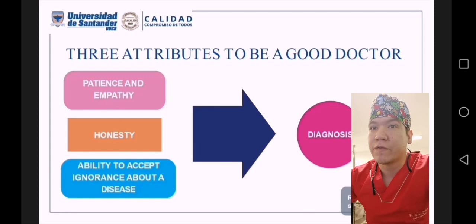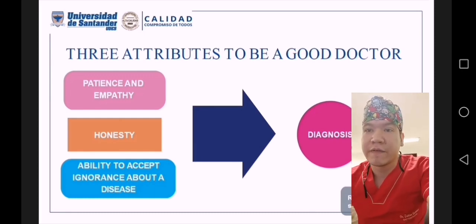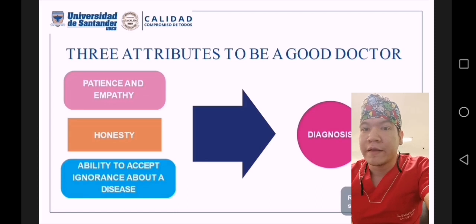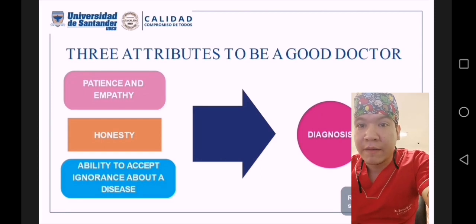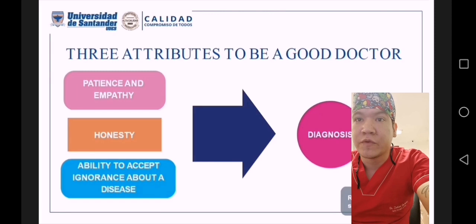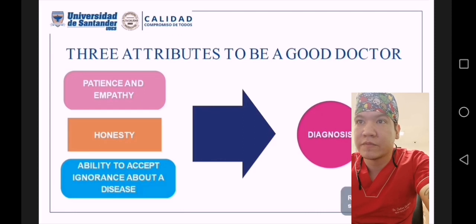A good doctor needs to be honest and able to accept ignorance about a disease. They have to recognize that if you don't know about a pathology, you can talk with another partner to communicate about that, and you can give a diagnosis with more opportunity.